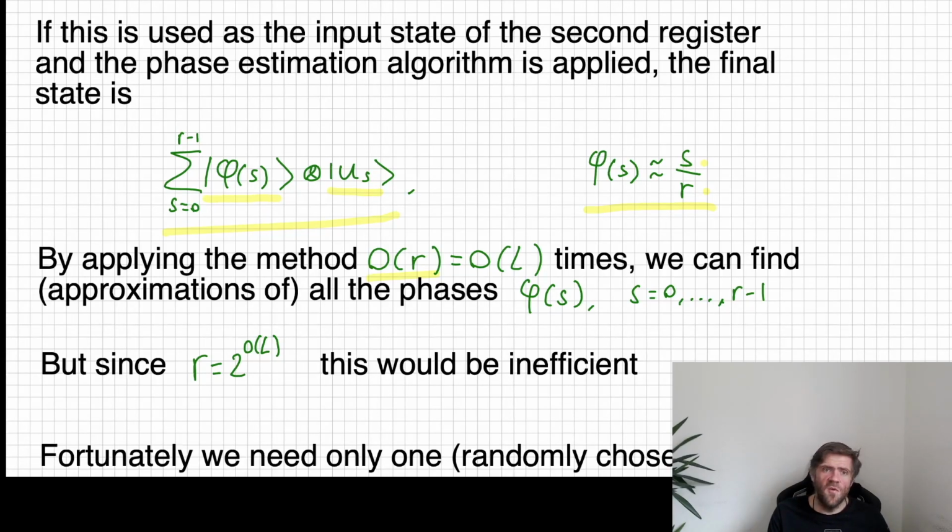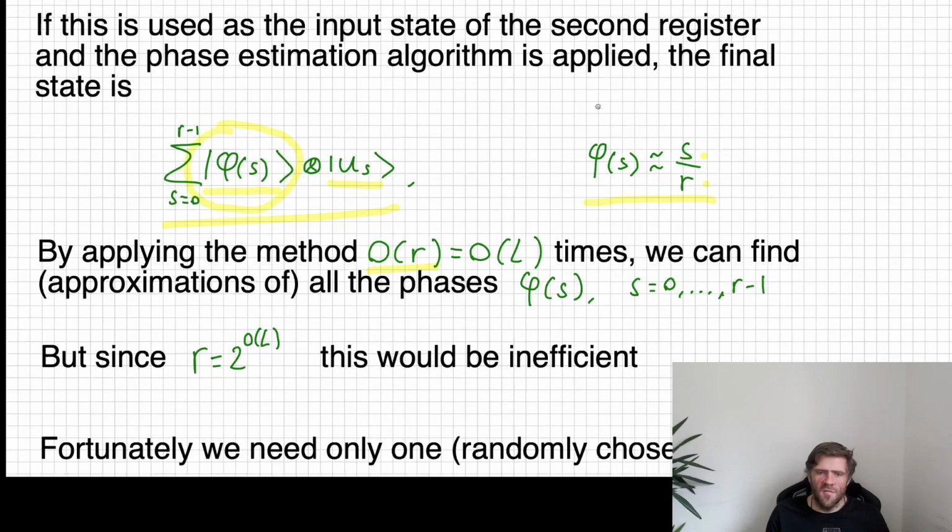However, all we need is one phase, one randomly chosen one. So we can just look at this register in the Z basis, and it will effectively randomly choose an s and give us the phase s over r. And with that, we will already be able to work out what the order of x modulo n is. Well, as long as s comes out as prime, but there's a decent chance of that.